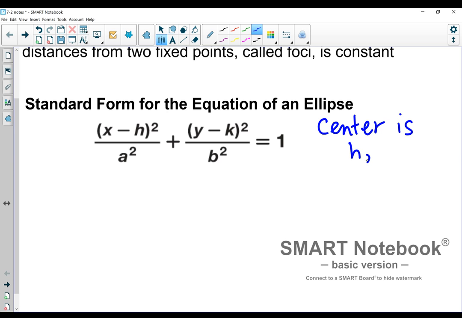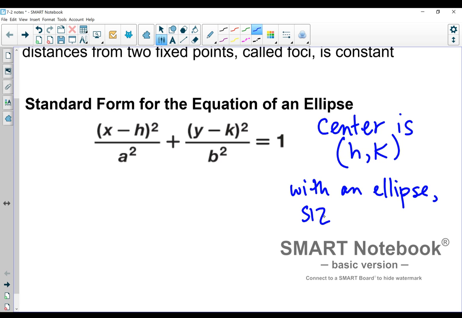And I don't want you to really get hung up on the a and the b, because your book is going to switch them depending on which one's bigger. So with an ellipse, I just remember that size matters. With hyperbolas, it's order, but with an ellipse, it's size.